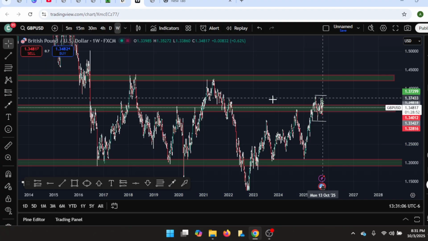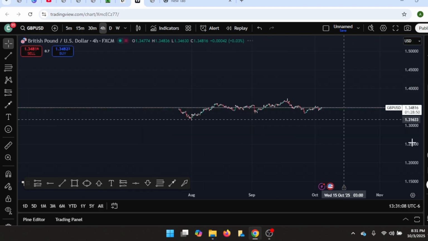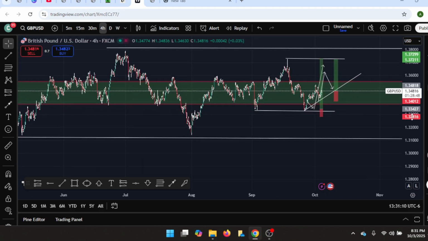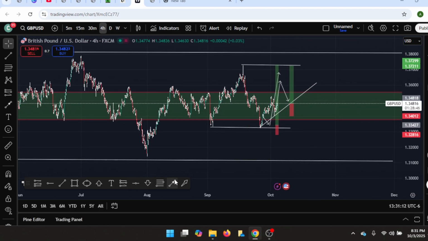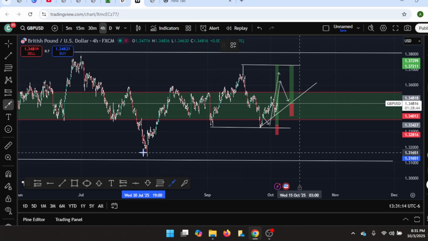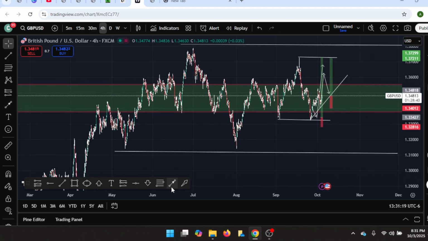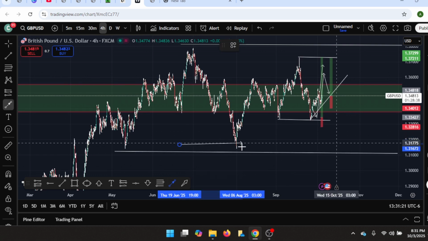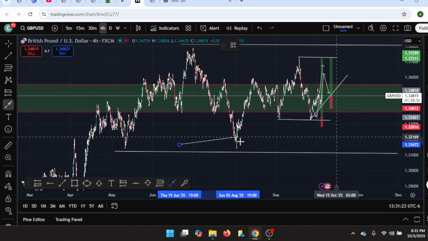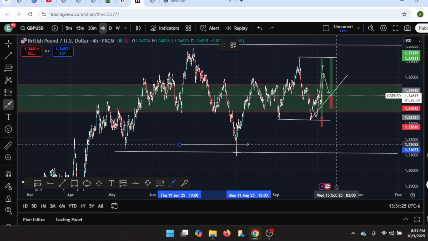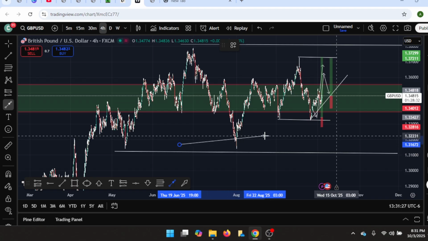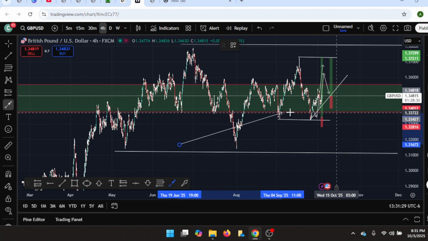Let me move down to 4 hours quickly. Good. As at last week, we're supposed to be in this trade, but it happens on a Friday, and I don't trade on a Friday. I think this is what I'm looking at the moment.